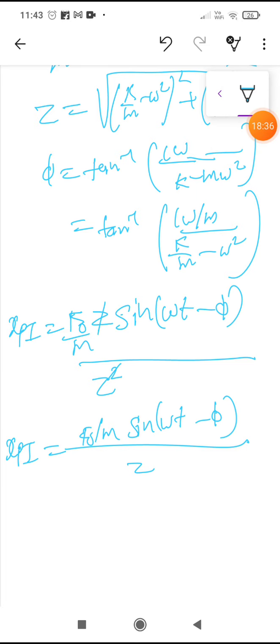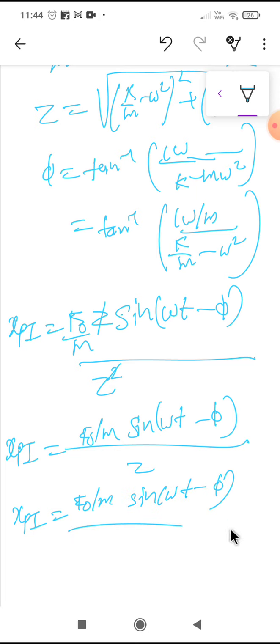Now if I want to make this equation more convenient, let me put in the value of z. So x pi is equal to f0 by m sine omega t minus phi. And what is the value of z?